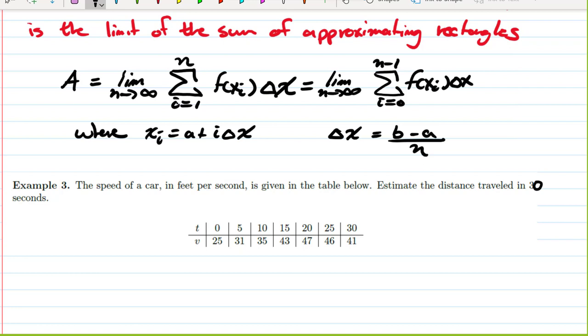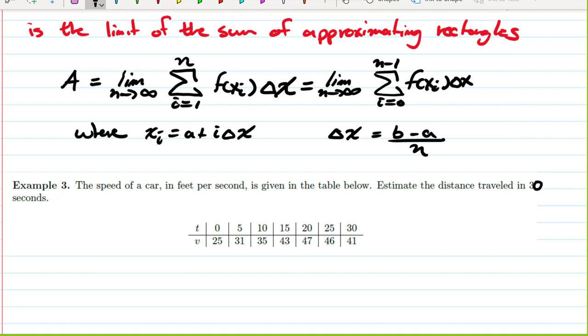And we want to estimate the distance traveled. So if we think back to derivatives, if we have a position function, the derivative of position is velocity, and then the derivative of velocity is acceleration. So we were given velocity, and we want to estimate the distance traveled.